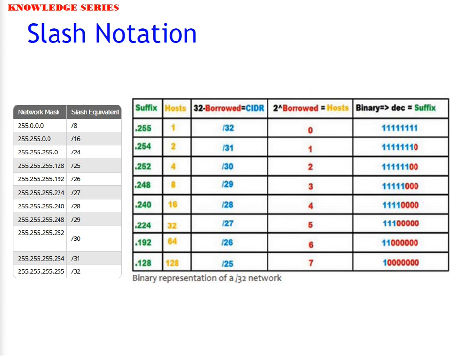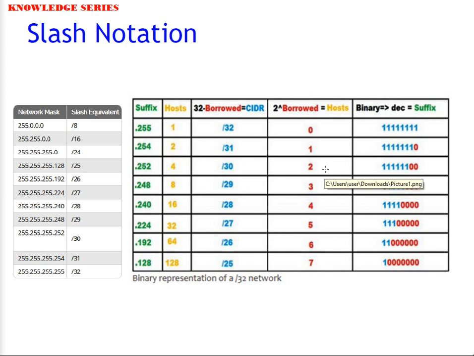Now if you look at the /31 case, how many bits is it going to borrow from the host? 1 bit. So 1 bit means 2 to the power of 1, that is 2. So how many hosts will be there? There will be 2 hosts we can create. When you are going to create 2 hosts, it shows a suffix of 254.